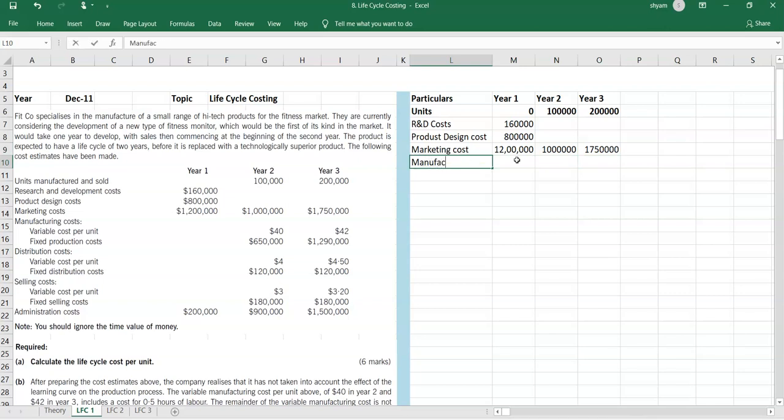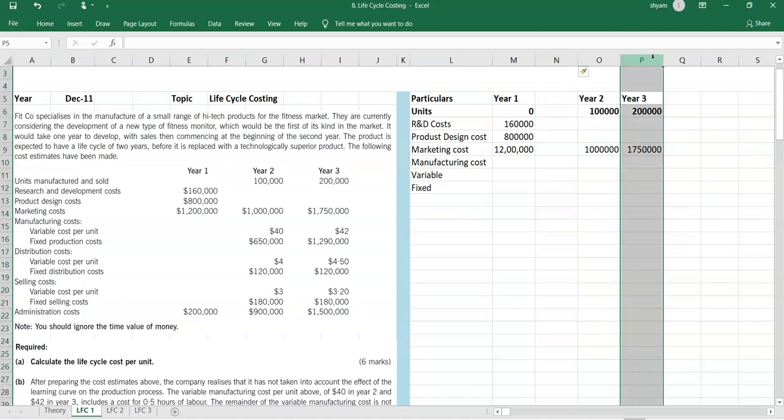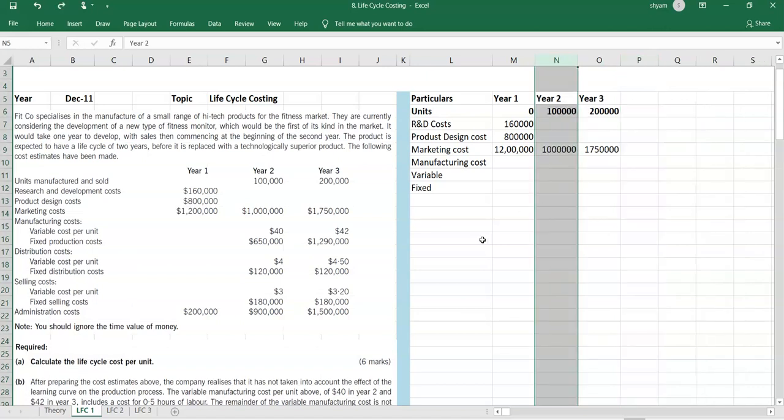So from here we have manufacturing cost. So we have variable and fixed. So what we'll do is we will work out, okay, I think we can do workings below.